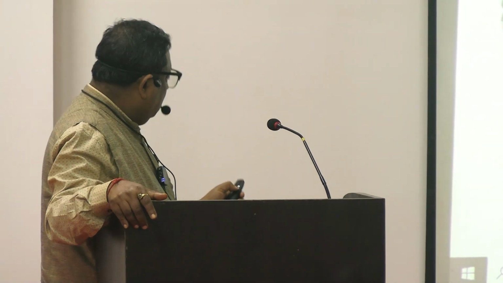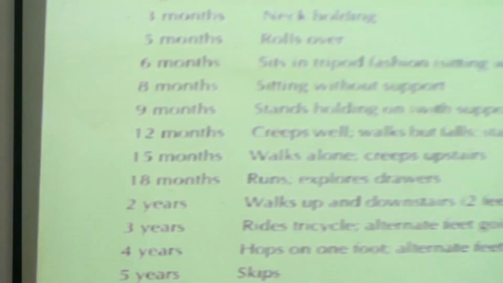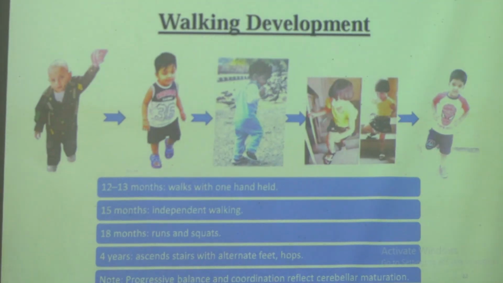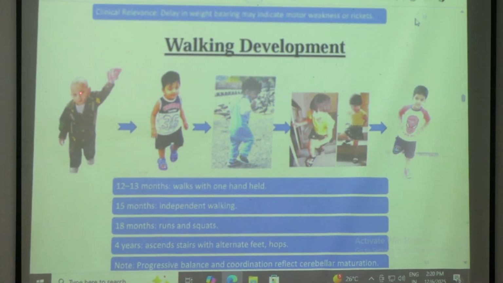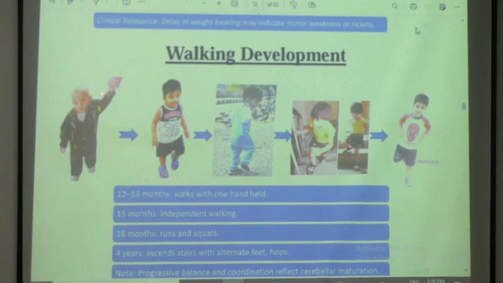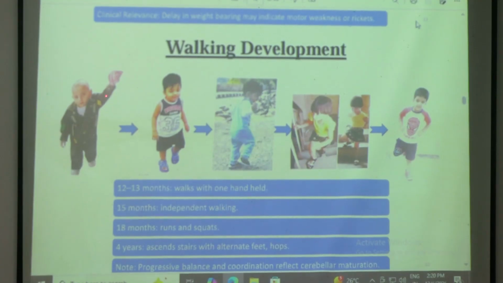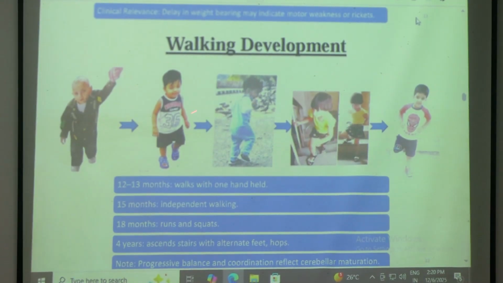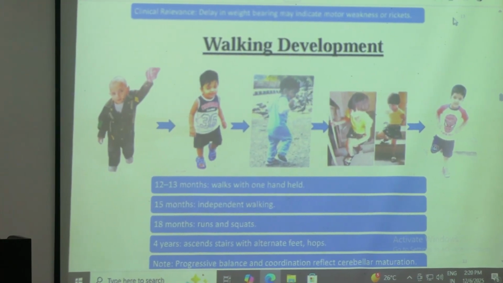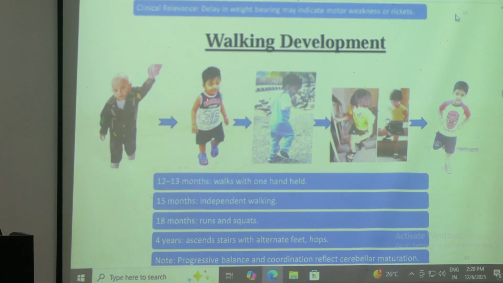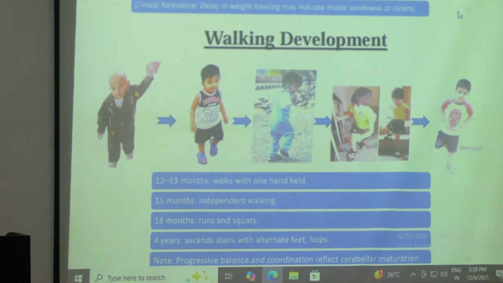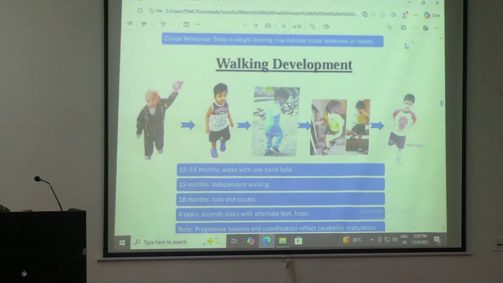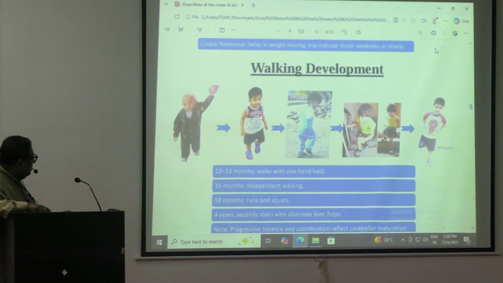At 1 year to 13 months, he will walk holding one hand. Understand? 13 to 15 months, independently he will walk.